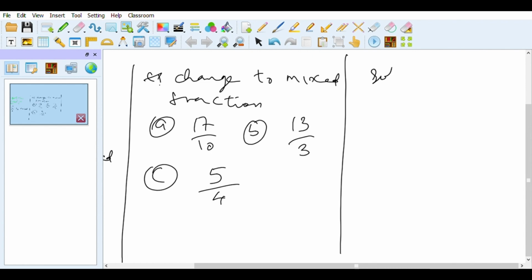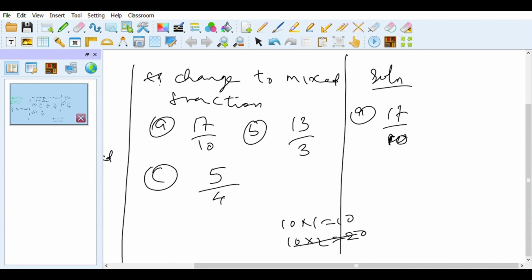Okay, so solution for A, we have 17 over 10. So how many 10s can we have in 17? We know that 10 times 1 is 10, but 10 times 2 gives us 20, which is bigger than 17, so we don't need this, which means if 17 is divided by 10, we have 1.